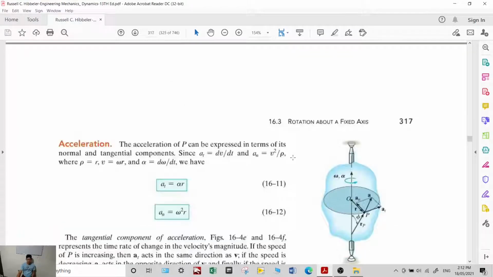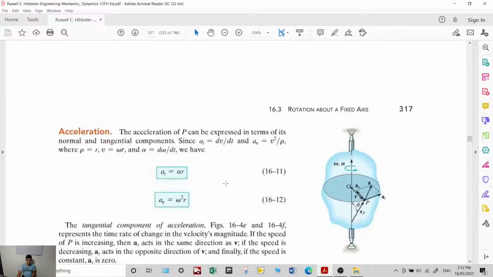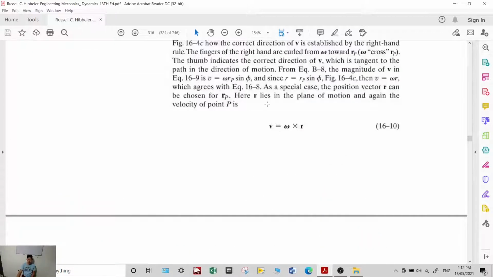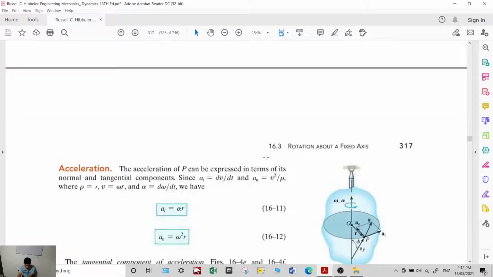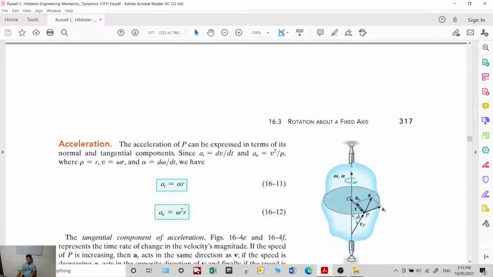Okay? And the acceleration, if you differentiate it with respect to time, the acceleration would be composed, since it travels in a curvilinear, circular motion, that is why you have tangential and normal components.